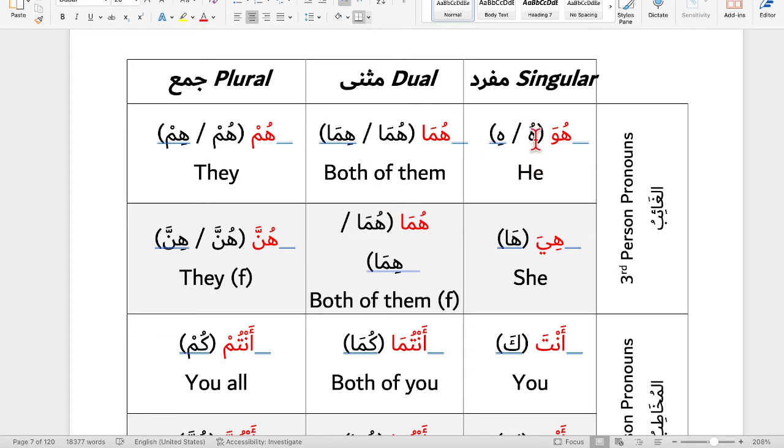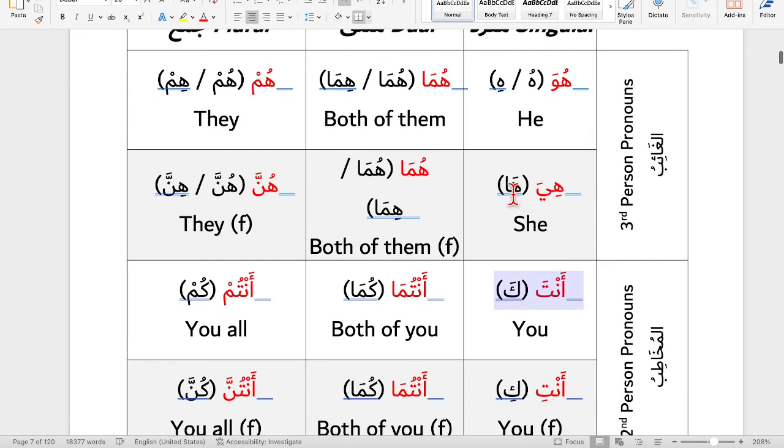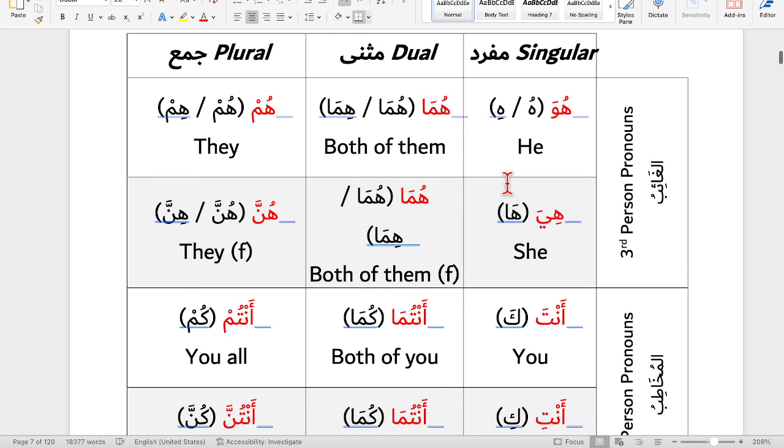The attached form is going to be hu for singular, huma for dual, hum for plural, and this is the masculine line. For third person feminine, the attached form is ha. If ha is attached to any noun, that means it's an attached pronoun. We'll see some examples later on.